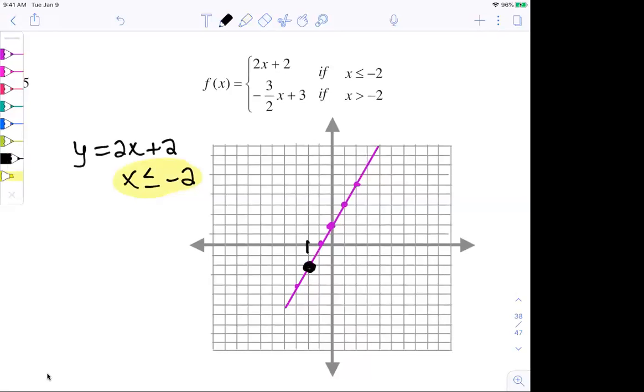Can anybody explain which portion of the line that I want to keep if it's less than or equal to -2? Annabelle, what portion of this line would I want to keep if it says x is less than or equal to -2?